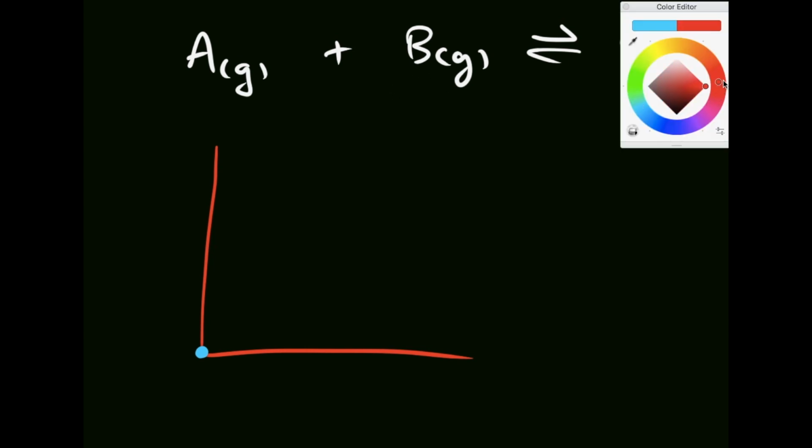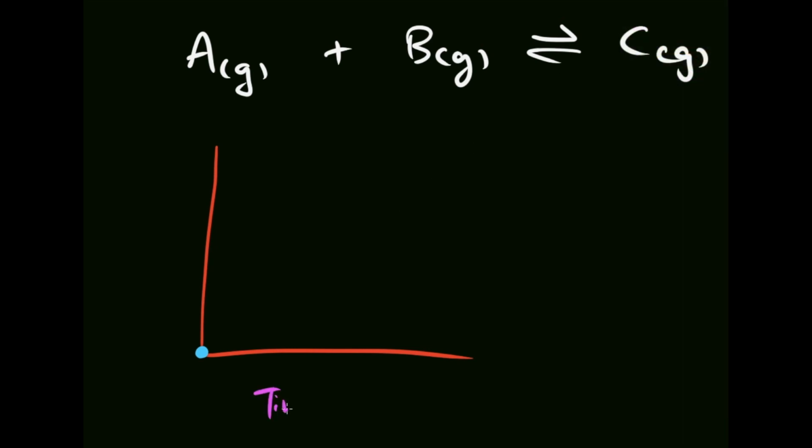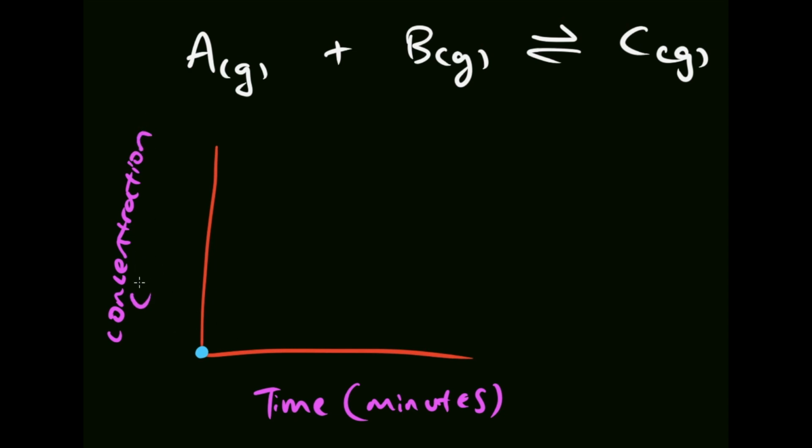So I'm going to label the axis here. Here's time, let's say this is in minutes. And this is concentration. Units of concentration is moles per liter, or capital M.